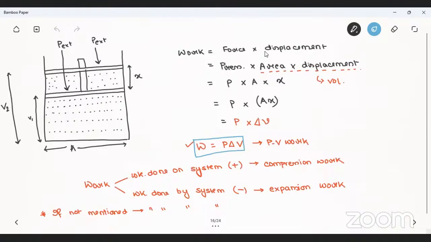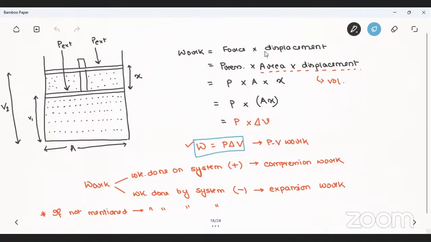We started with deriving the basic formula for work done, which is W equals P delta V. Now we have learned some exceptions. What are the sign conventions? Which are the IUPAC sign conventions? I told you if you are doing compression work, you will get the answer in positive. If you are doing expansion work, you will get the answer in negative.